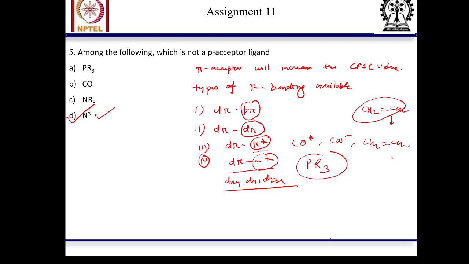There are only a few pi accepting ligands like CO, CN minus, PR3, which have a pi orbital present. For the pi acceptor, they should have some empty pi orbital where the metal can donate electron density. If you have any question, you can ask me. Otherwise, I will go to the next question.